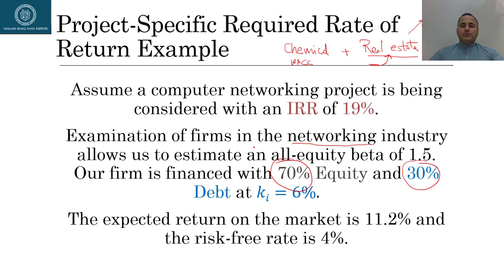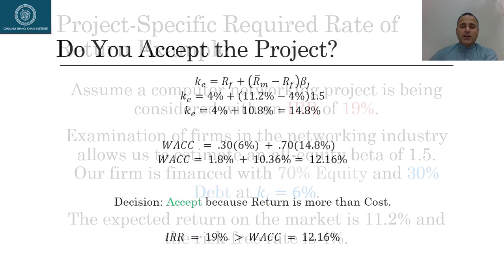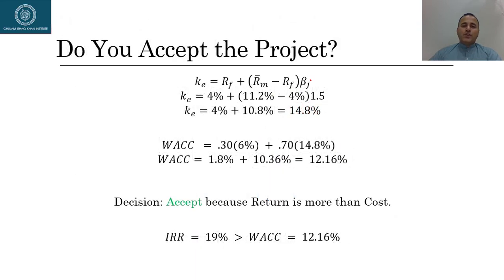So in this particular example, if the company is considering undertaking a networking project, of course they have to consider the beta from the networking industry. Okay, so I have all the parameters, and once I plug all the numbers in, my weighted average cost of capital is 12.16.